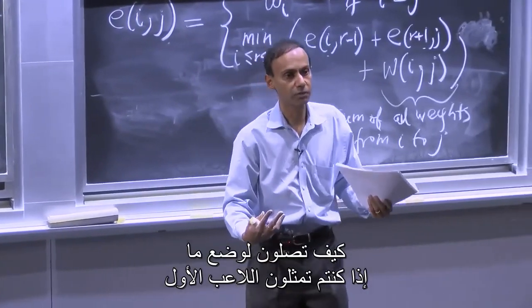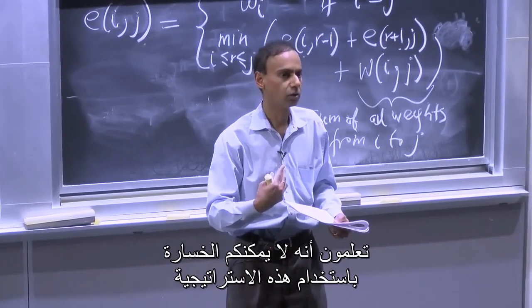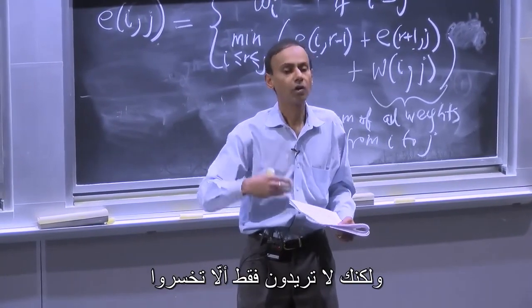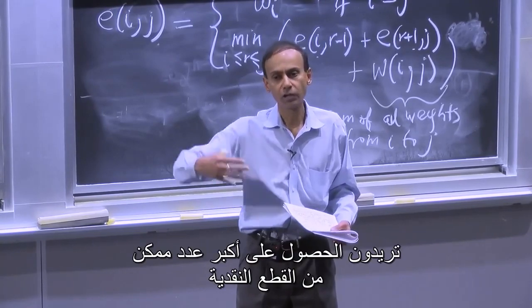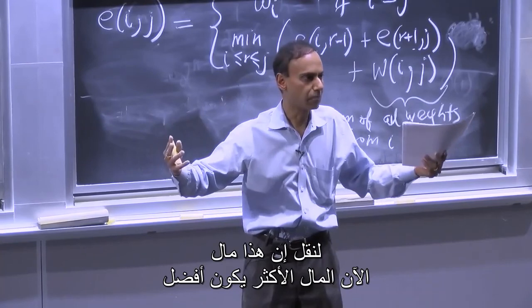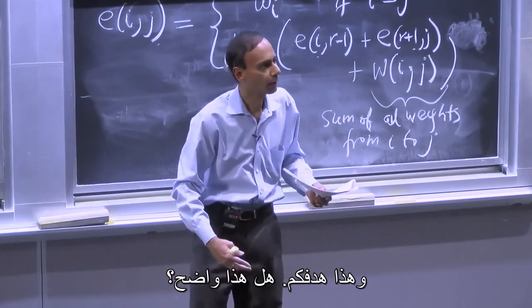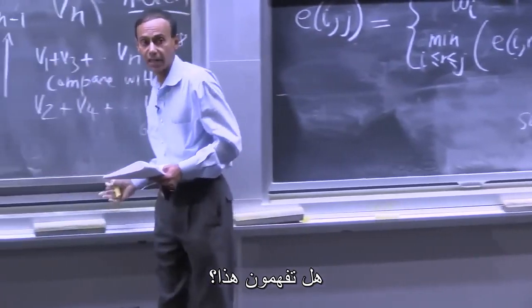How would you get to a situation if you're the first player? We'll just stick with you're the first player, you know you can't lose using this strategy, but not only do you want to not lose, you want to get as many coins as possible. Let's say this is money. Now, more money is better, and that's your goal. Okay? So people understand that.